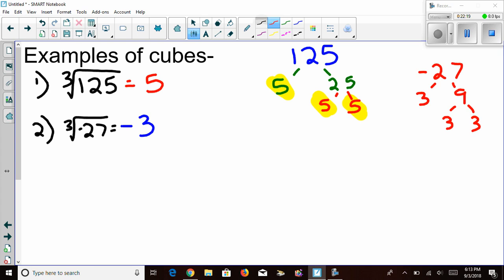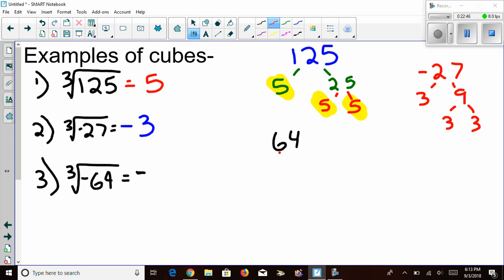Let's look at a third example, the cubed root of negative 64. Negative on the inside, so negative answer. Now look at 64. We've worked with 64 a couple times.